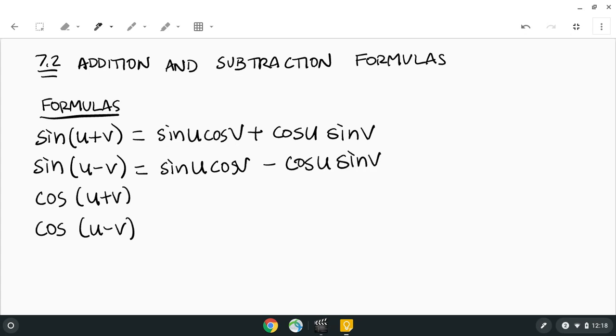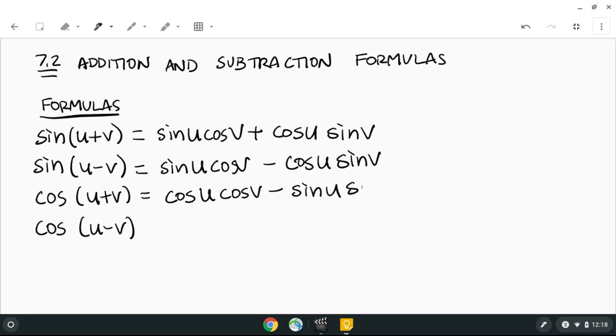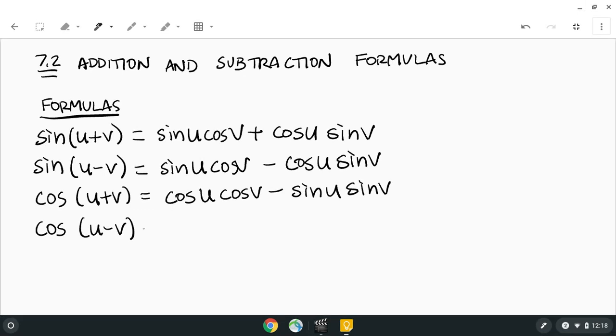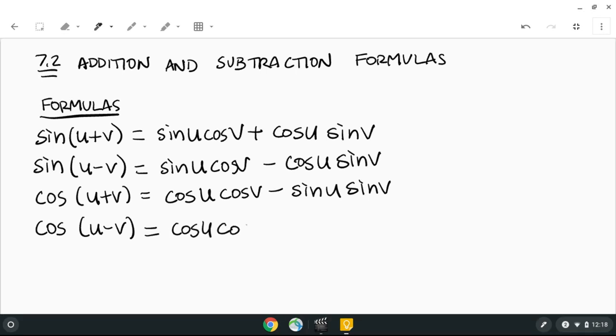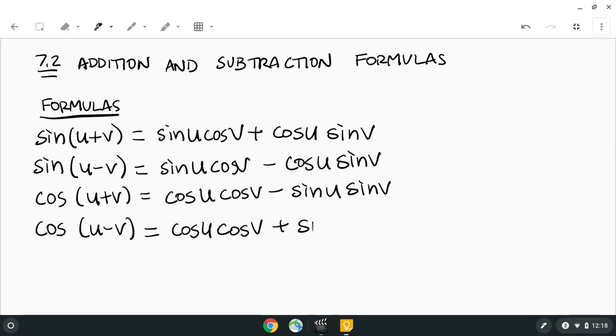And then cosine of u plus v will be cosine u times cosine v minus sine u sine v. And the cosine of u minus v will be cosine u cosine v plus sine u sine v.